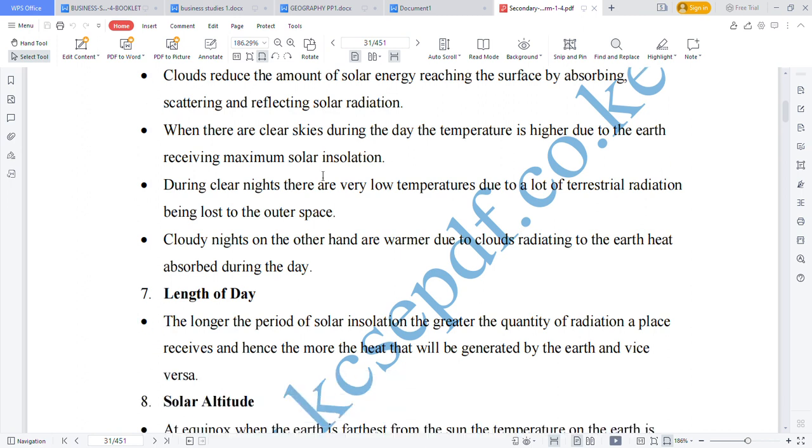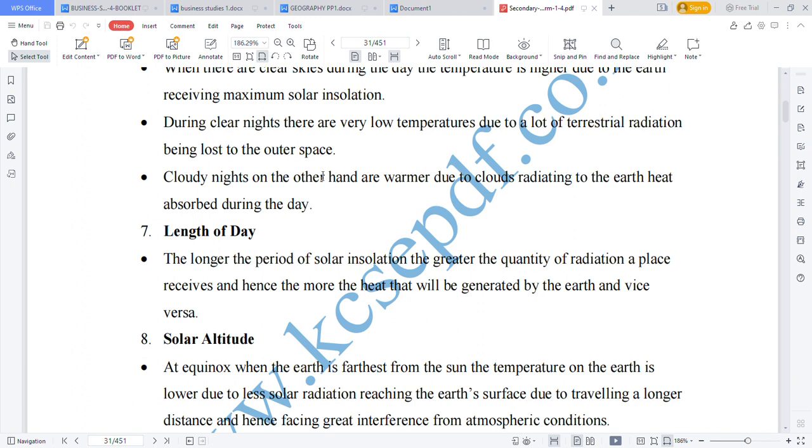During clear nights, there are very low temperatures due to a lot of terrestrial radiation being lost to outer space. Cloudy nights, on the other hand, are warmer due to clouds radiating back to the Earth heat absorbed during the day.